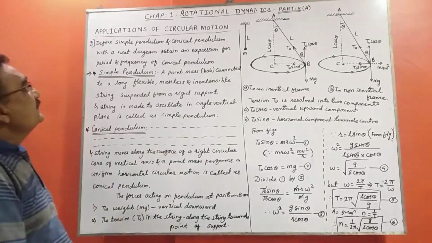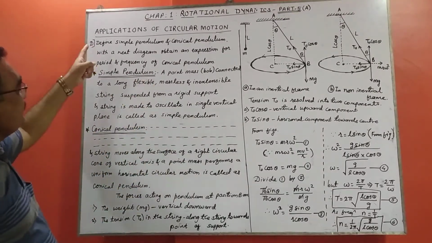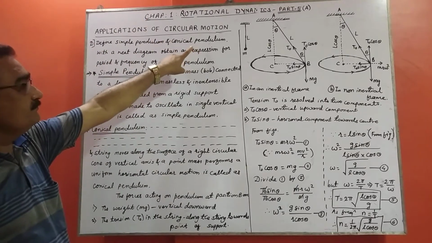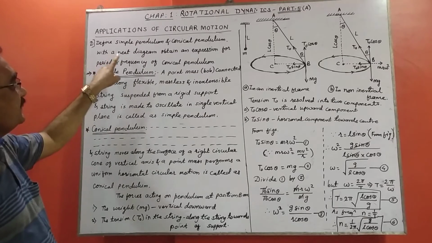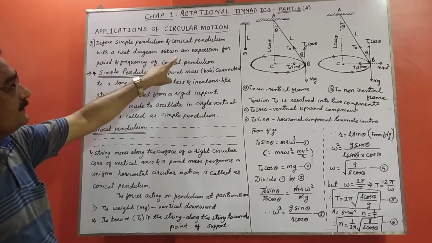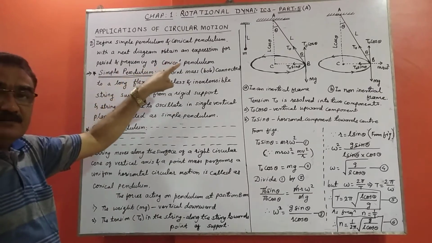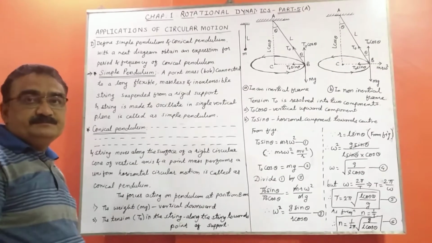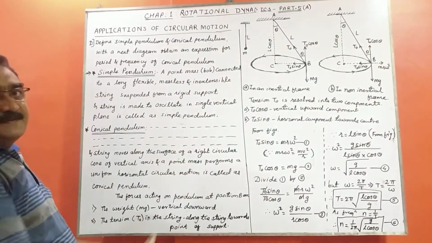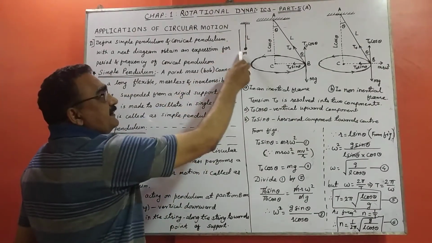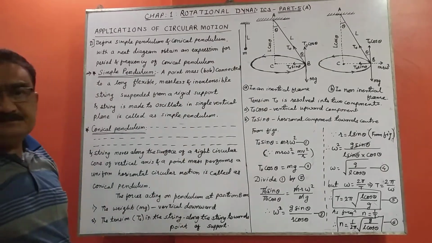So for this application, they will ask this question: define simple pendulum and conical pendulum. With a neat diagram, obtain an expression for period and frequency of conical pendulum. Here, first we define the simple pendulum. From this diagram, we can define it.